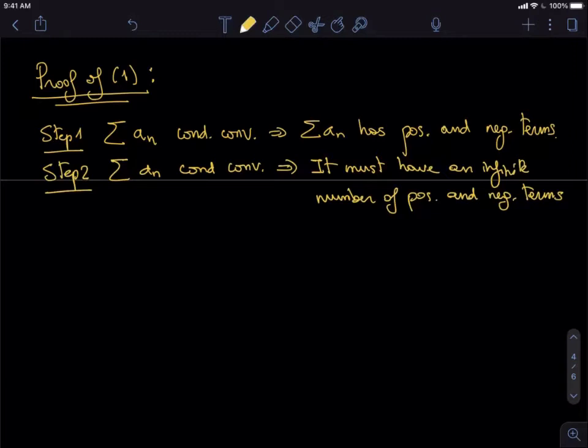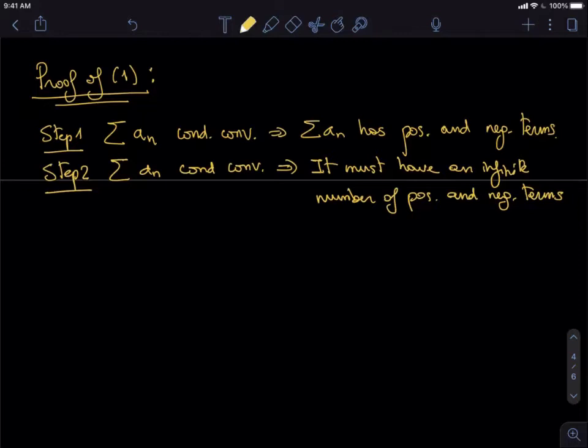Just notice that if the series has only a finite number of negative terms, for example, then the remaining series of positive terms must converge, since we know that only a few of them are negative. But then that is equivalent to saying that the tail of the series is an absolutely convergent series, which is against the assumption that the series was conditionally convergent.